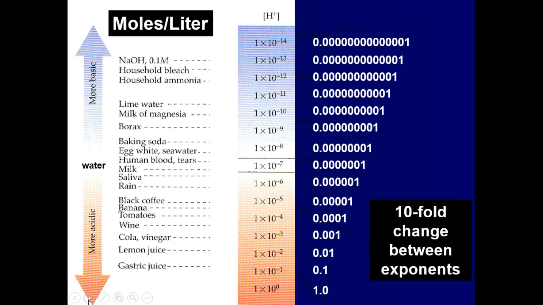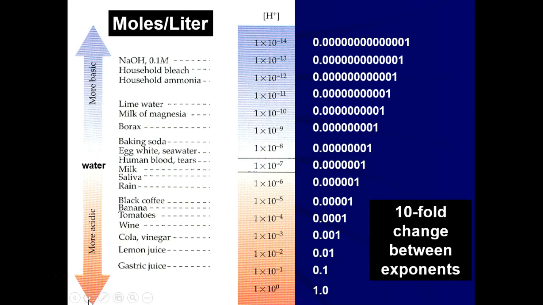If, for example, you take 10 to the minus 4, that is the hydrogen ion concentration of wine, and then on your calculator, punch in 10 to the minus 4 and then hit the negative logarithm of that and hit equal, you'll get 4. Right?